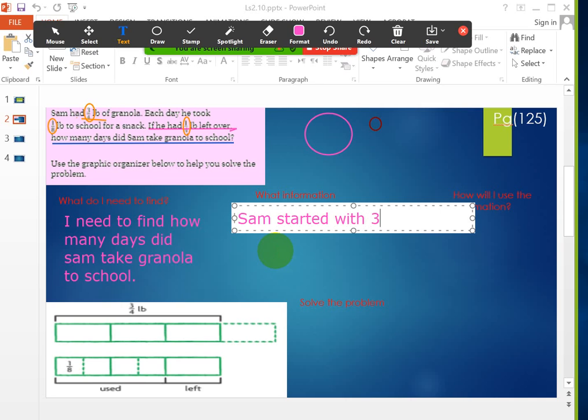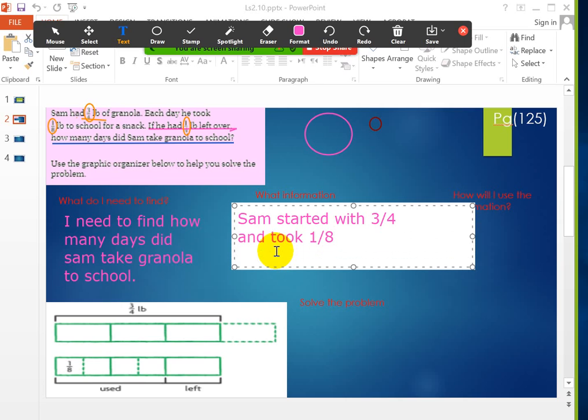That means the first missing number is 3/4 granola, and took 1/8, the amount of granola that Sam took each day, and he had 1/4 pound left over.